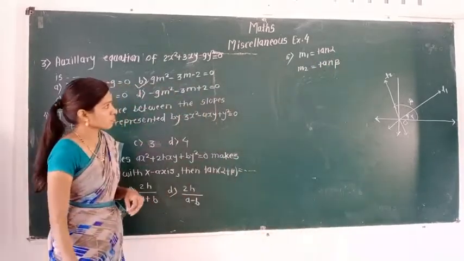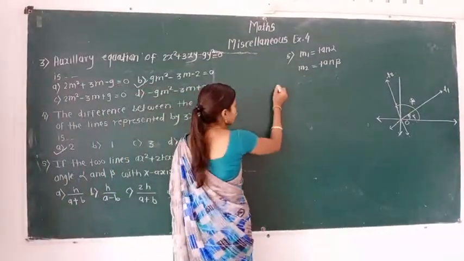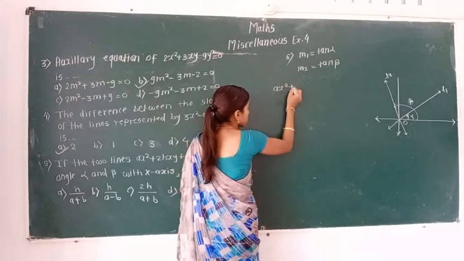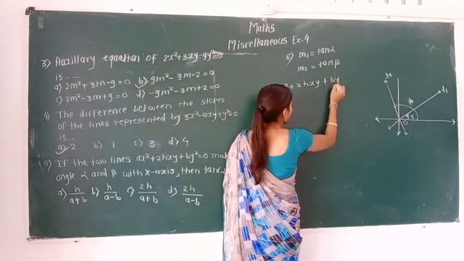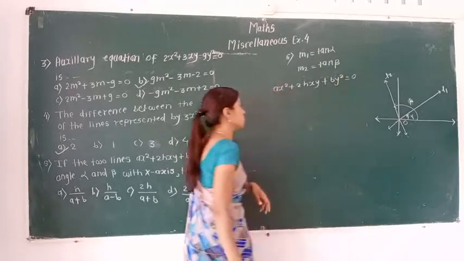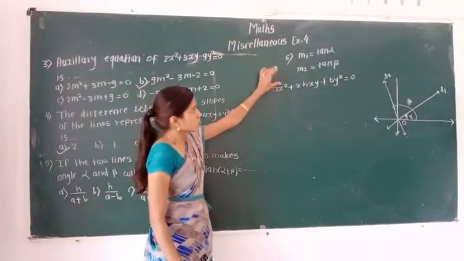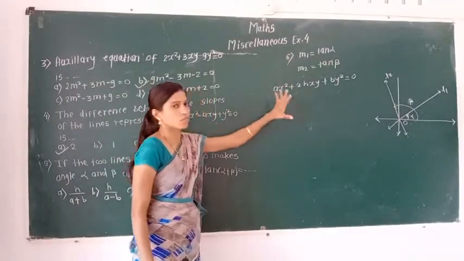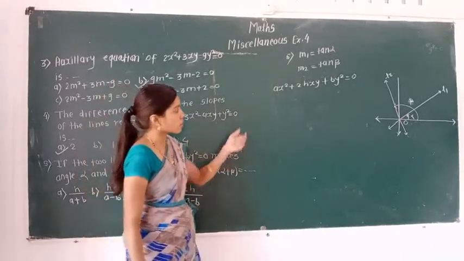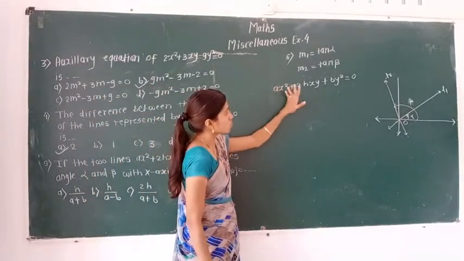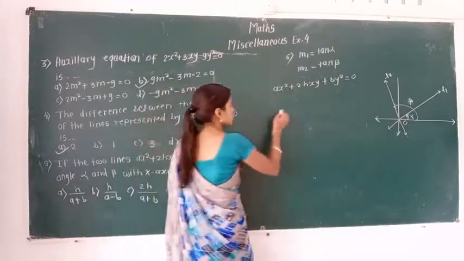Now we know that the combined equation of these two lines is ax square plus 2hxy plus by square is equal to 0, and we have to find the sum of slopes and product of slopes.